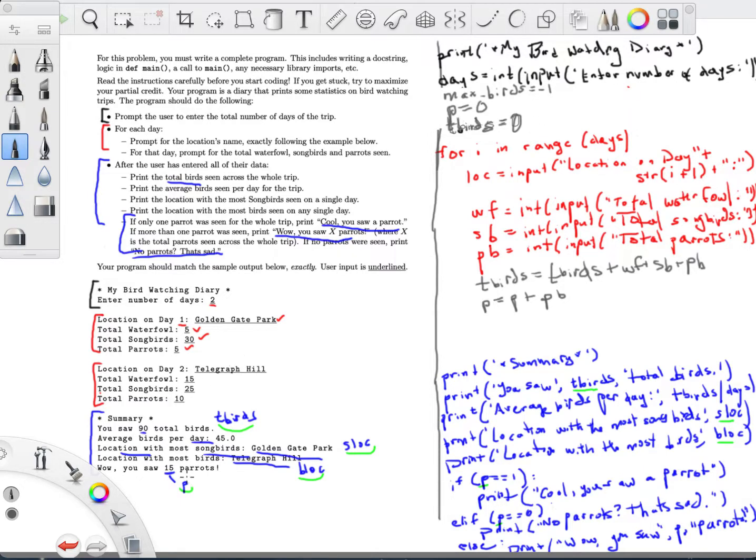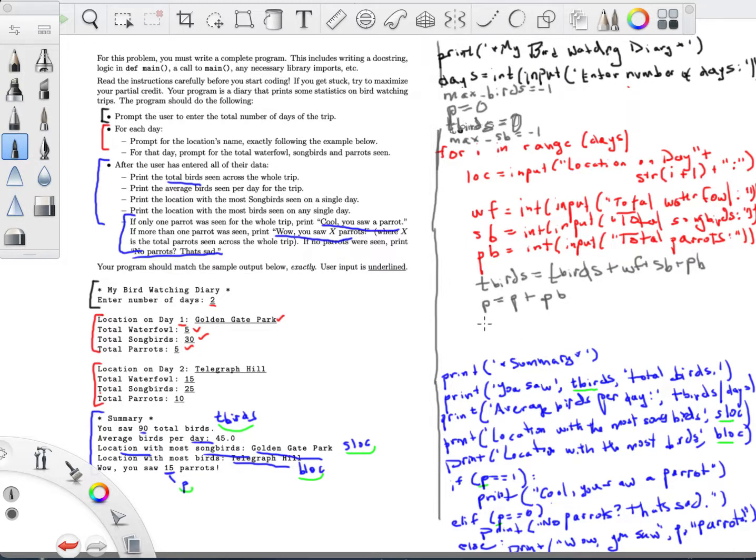And I also need to keep track of the most songbirds. So max SB. And again, I'm going to choose something really small so that when I encounter something larger, it will immediately become the max and will then in the future get replaced in case I find something even larger.